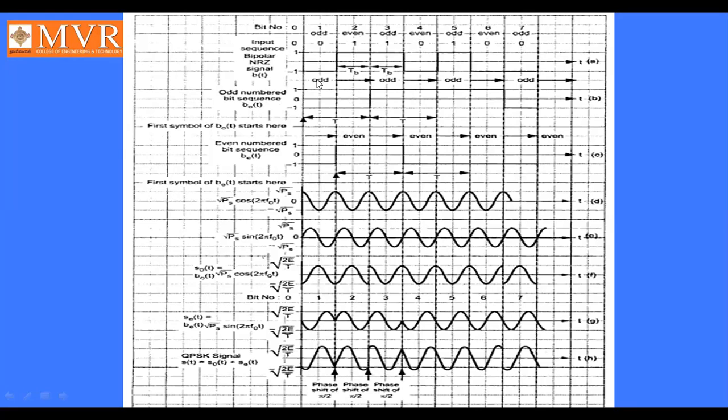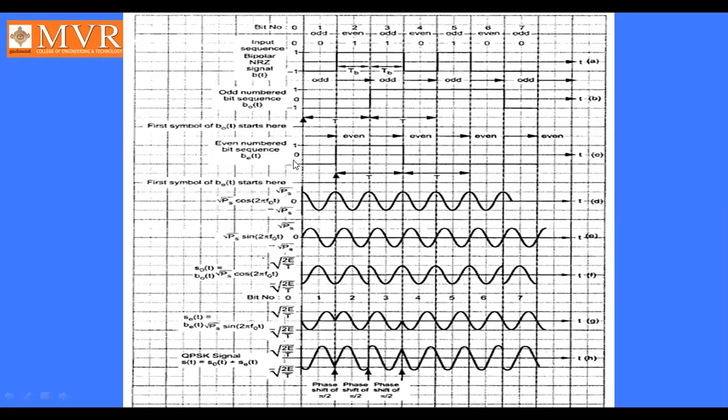So the first odd bit is 0, the second odd bit is 1, then 1, 0. So 0, 1, 1, 0 is your odd bit sequence. We can write here 0, 1, 1, 0.